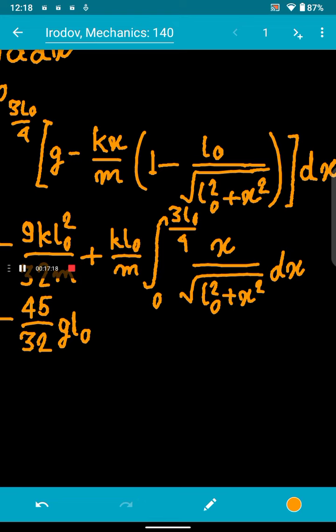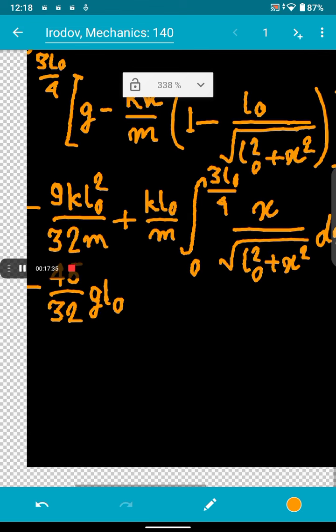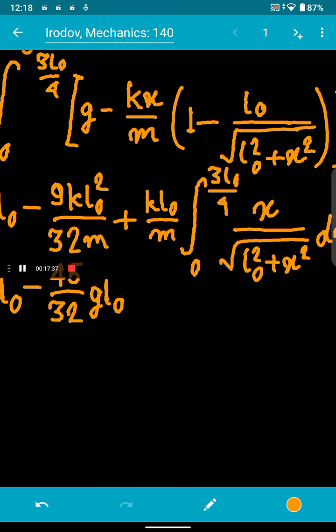So you can let this function under root L0 square plus x square equal to y, and then you will get the limits and everything. This x dx, there will be a 2 here outside. You know how to integrate functions, so this is basic integration.